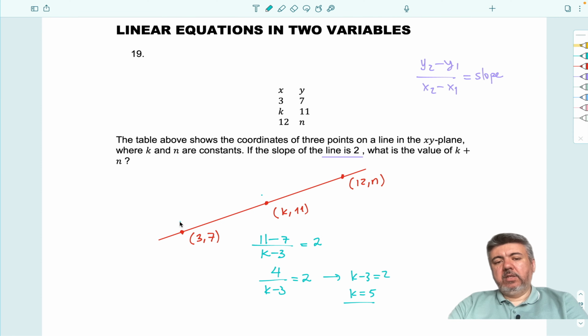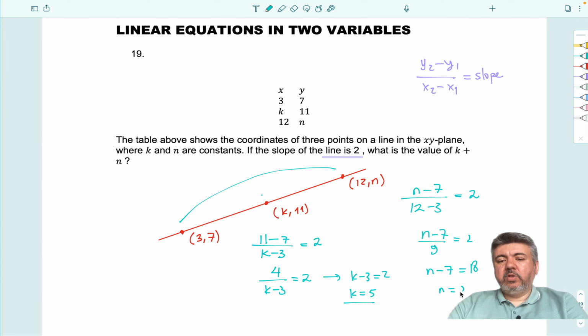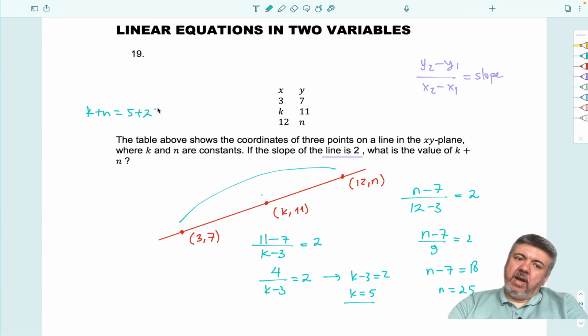Now take these 2 points. n minus 7 divided by 12 minus 3 is 2. n minus 7 over 9 is 2. n minus 7 is 18. n is 25. So k plus n is 5 plus 25, which is 30.